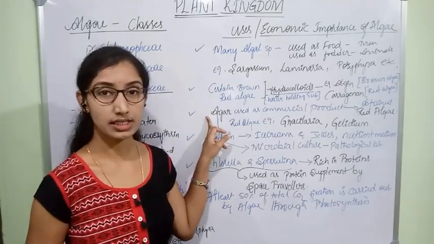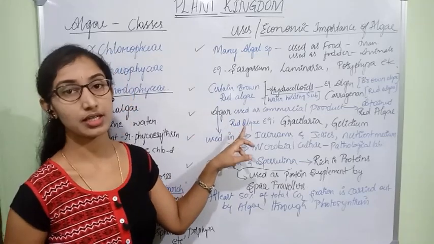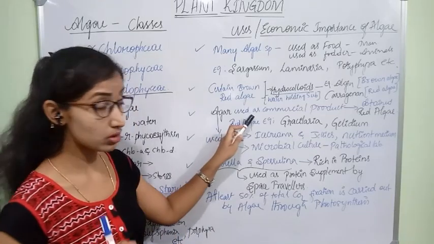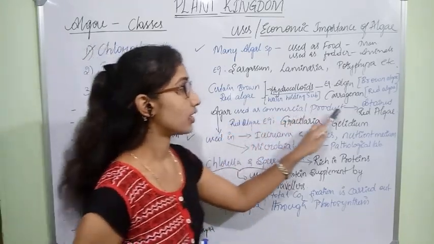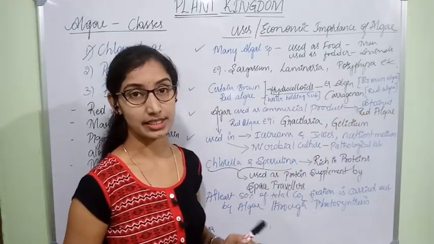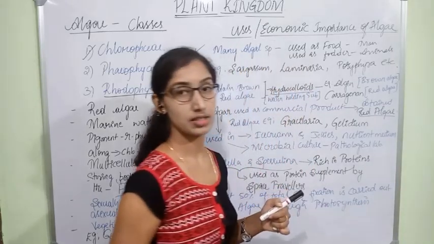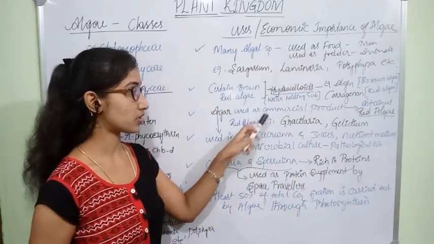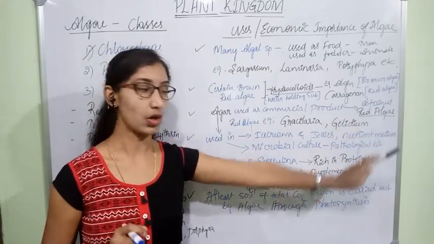And the third commercial use is agar. Agar is the most commercially used product, obtained from the red algae.